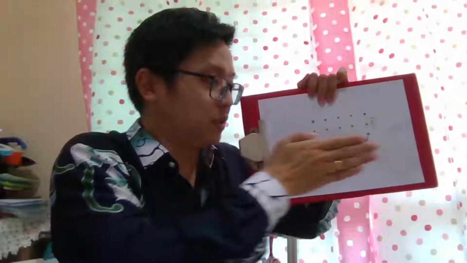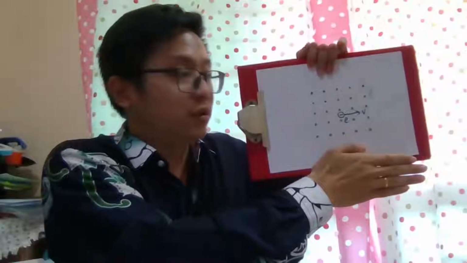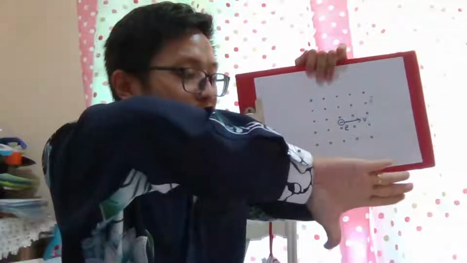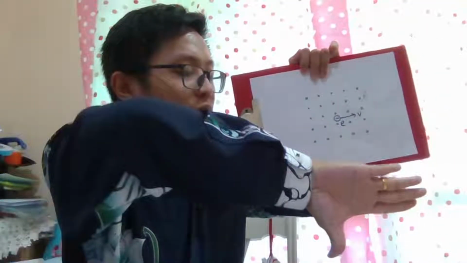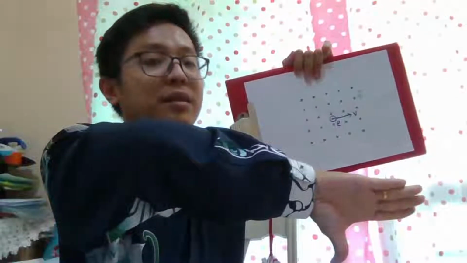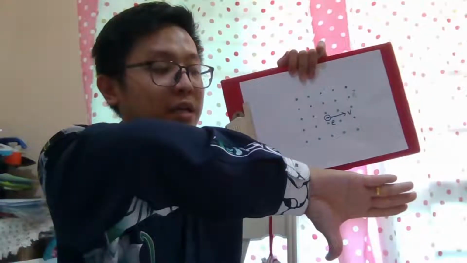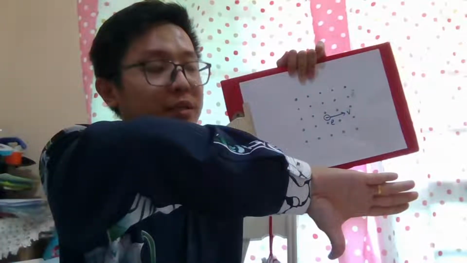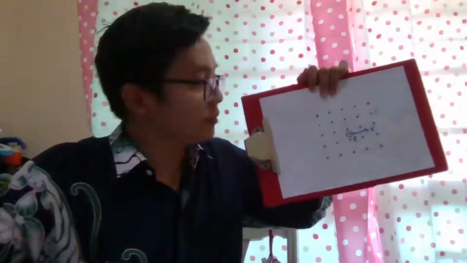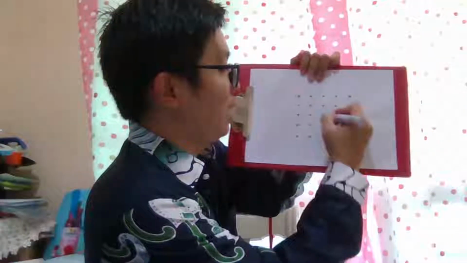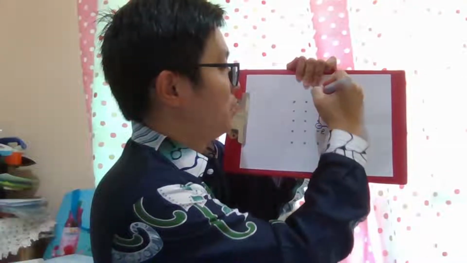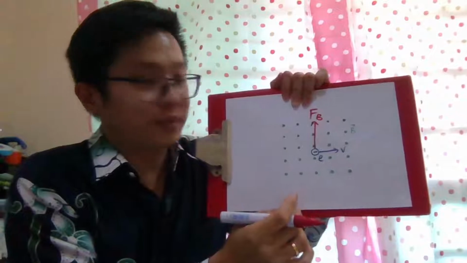Velocity to the right, magnetic field out of the page, my palm showing out of the page. My thumb is downward, but this is an electron, a negative charge, so the magnetic force is opposite the thumb. It is going up.